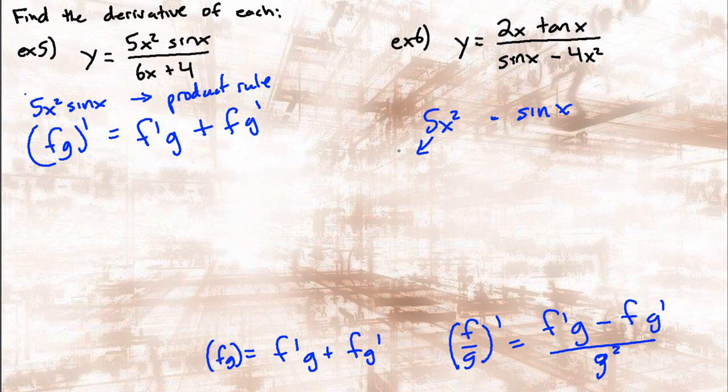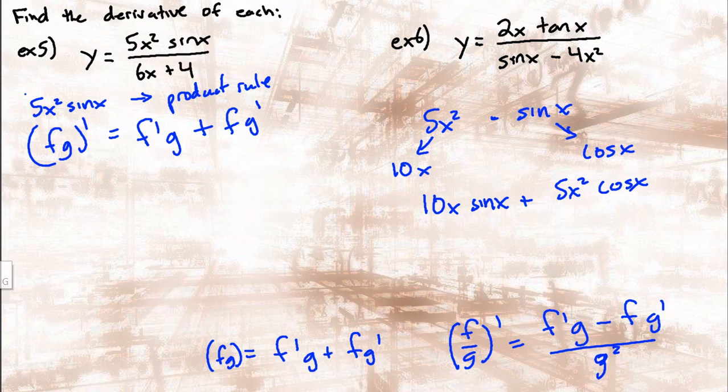The derivative of 5x squared is 10x, and the derivative of sine is cosine. Which means the derivative of this thing is 10x sine x plus 5x squared cosine x, using my product rule.